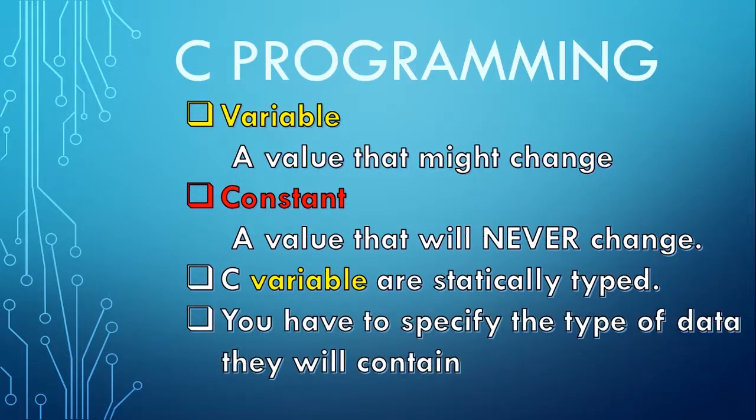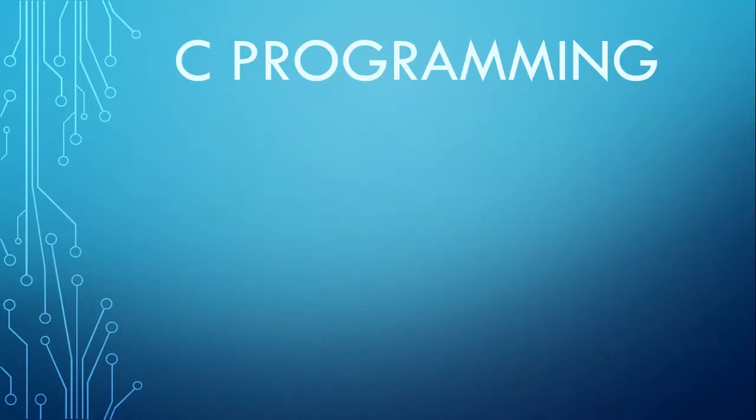That means that you need to specify the type of data that your variable is going to contain. The types of data we're gonna deal with here when it comes to C are numbers and strings.